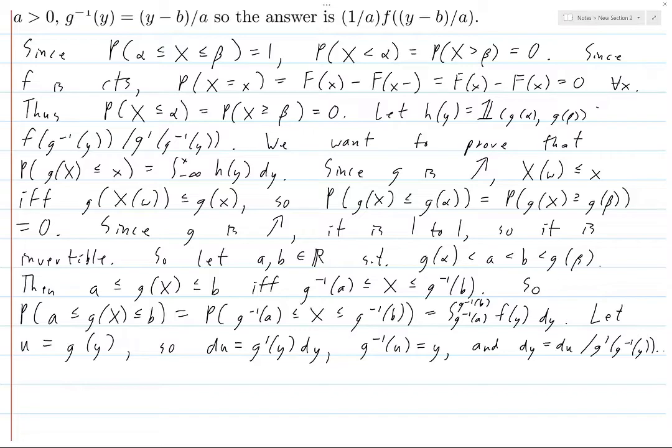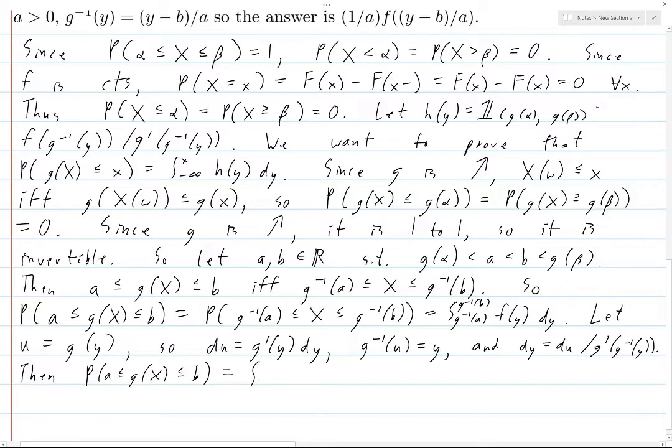Okay, so now that we have this, we have that the probability that a is less than or equal to g of x is less than or equal to b. Well, we already got this integral formula for it, but now we can make the substitution. So we have to change the bounds of the integral.